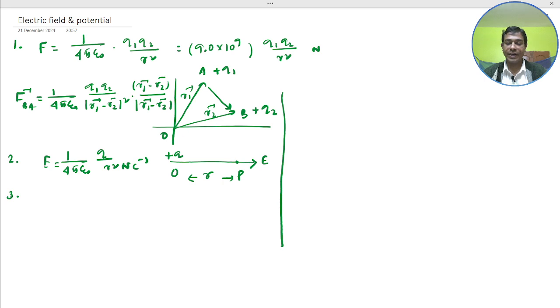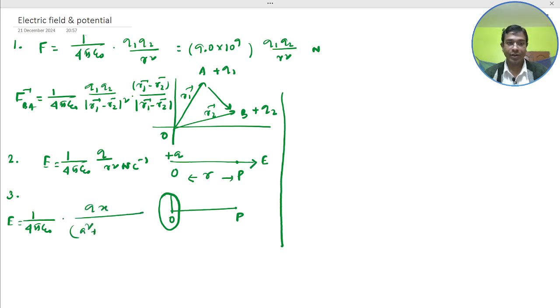The third is the electric field at a point on the axis of a uniformly charged ring. This is a charged ring and we have to find the electric field at this point P. It is written as E equal to 1 by 4 pi epsilon naught Q x divided by A square plus x square to the power 3 by 2, where A is the radius and x is this distance.